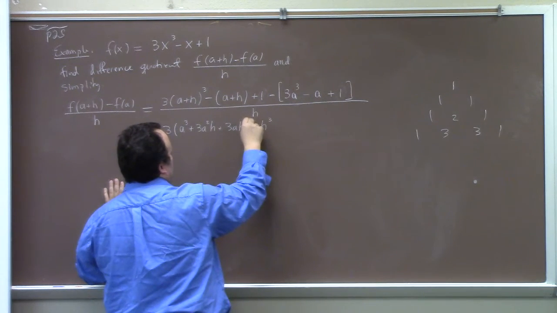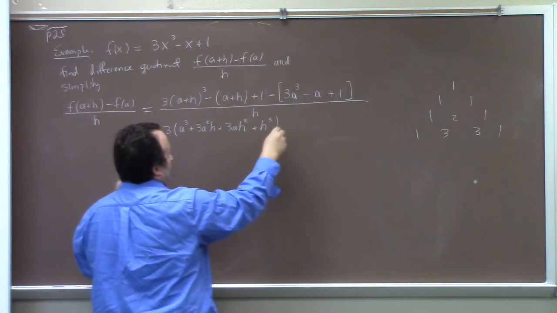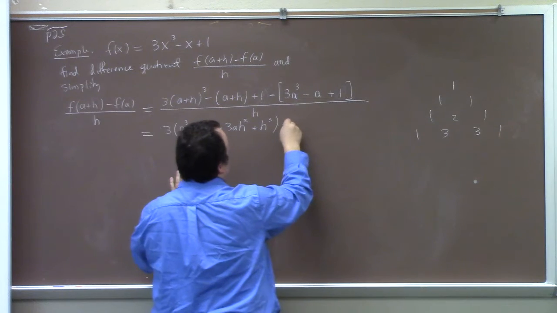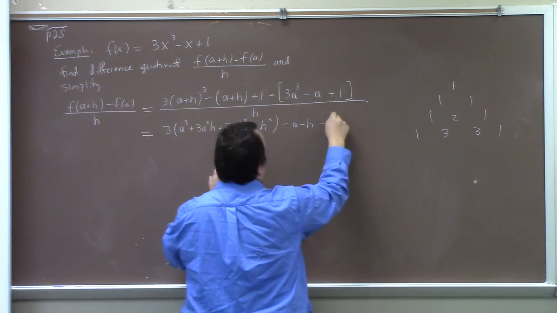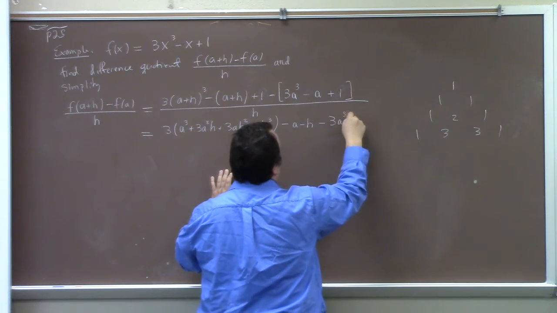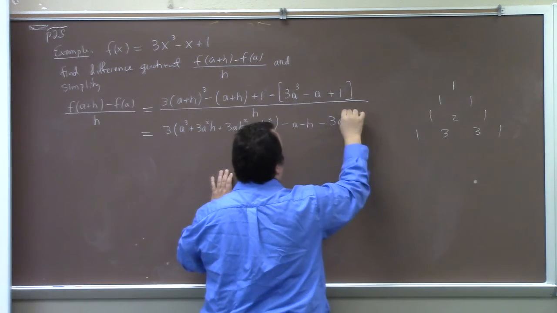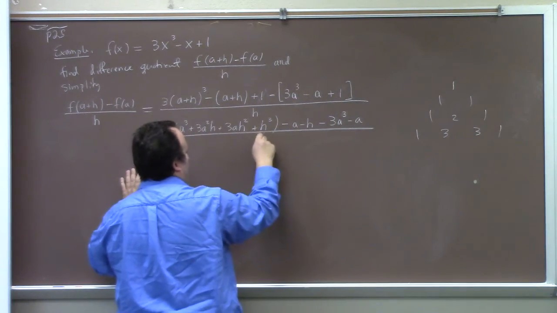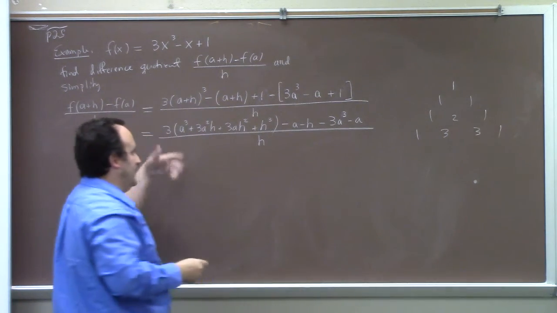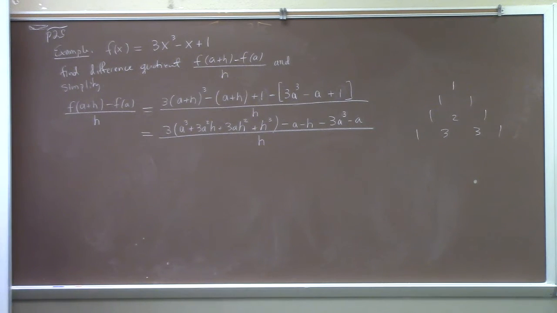You're like, what? That's fine. Just remember you can multiply it out, and you should agree with me after you multiply it out. Now, your homework problem's easier than this, right? Because you just have to square a plus h. A plus h squared, you guys can do that. It's not a big deal.